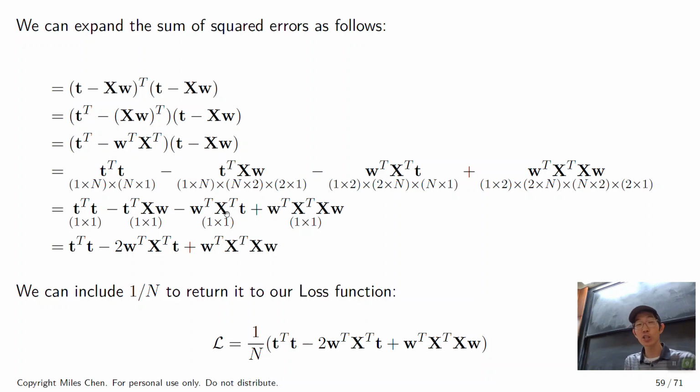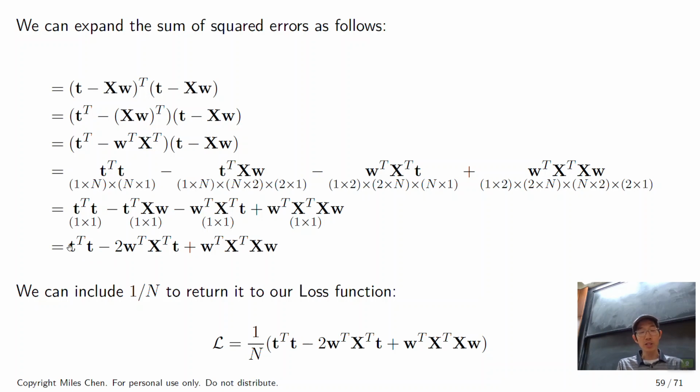And it's a scalar value like the number 7. What's the transpose of the number 7? It's just the number 7. So these two values are exactly identical because they're scalar values and they're transposes of each other. So I'm going to combine them. I arbitrarily choose 2 w transpose x transpose t, but I could just as easily have picked 2 t transpose xw.